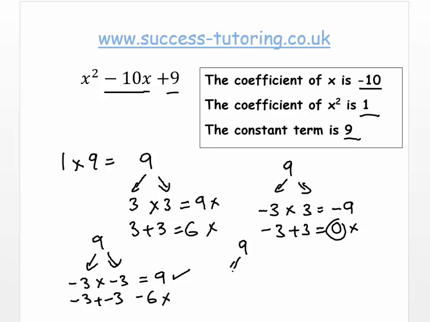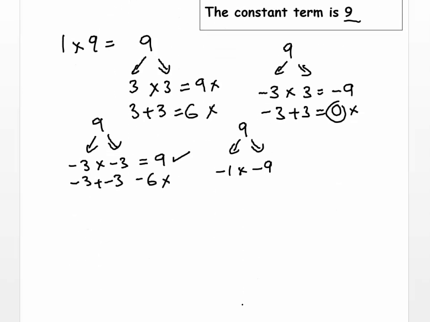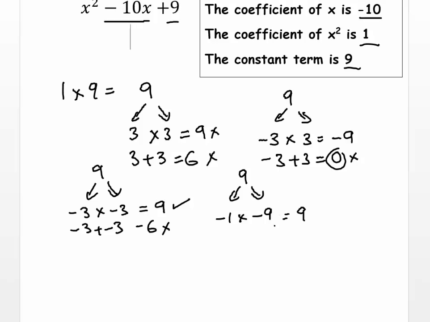What about minus 1 times minus 9? Minus 1 times minus 9 will give me positive 9, which is what we need. And if I said minus 1 add minus 9, that will give me minus 10. So both of these are correct. So now we have our figures to place inside the brackets.